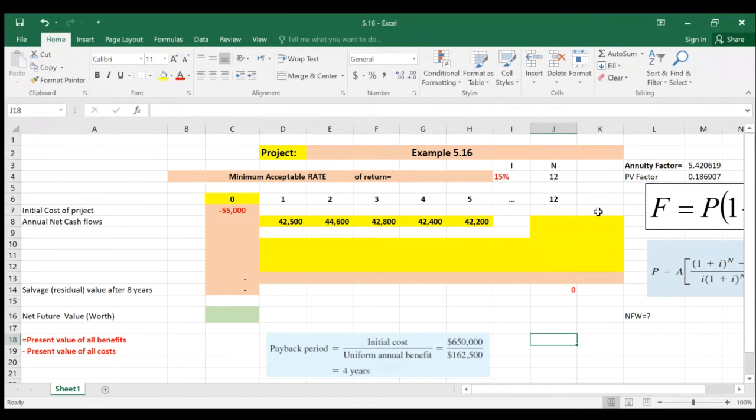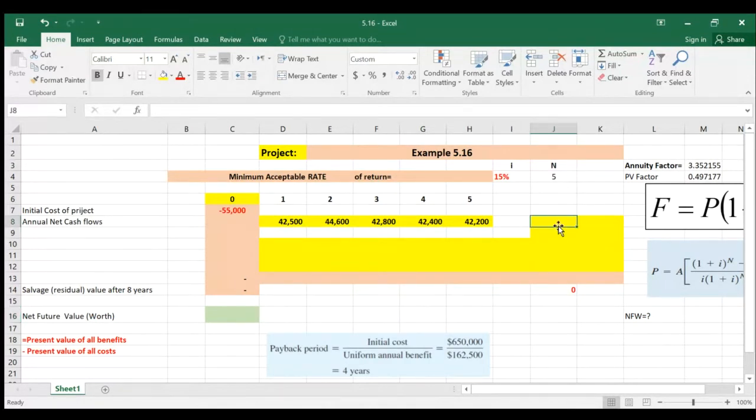How do we calculate an F? The project life is 5 years. So what is the future F of each of these cash flows separately? We know the formula F equals P times (1 plus i) to the power n. And n is different for each of them.